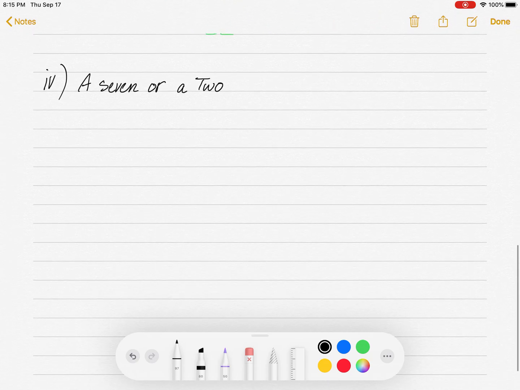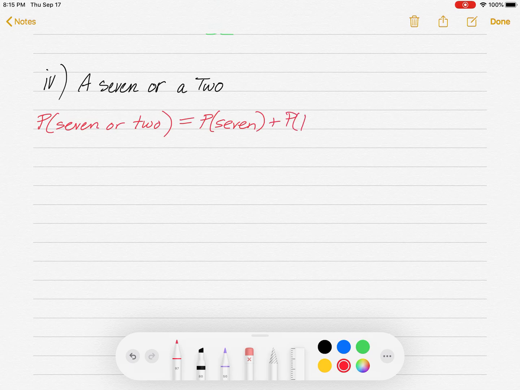If you wanted to use the addition rule, let's try that method. Since it's an OR statement, you have the probability of the first event, 7, plus the probability of the second event, 2, minus the probability of their overlap, 7 and 2.